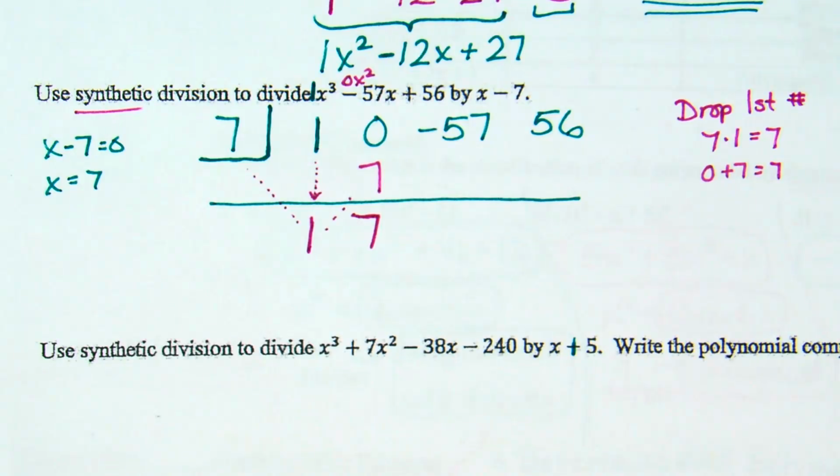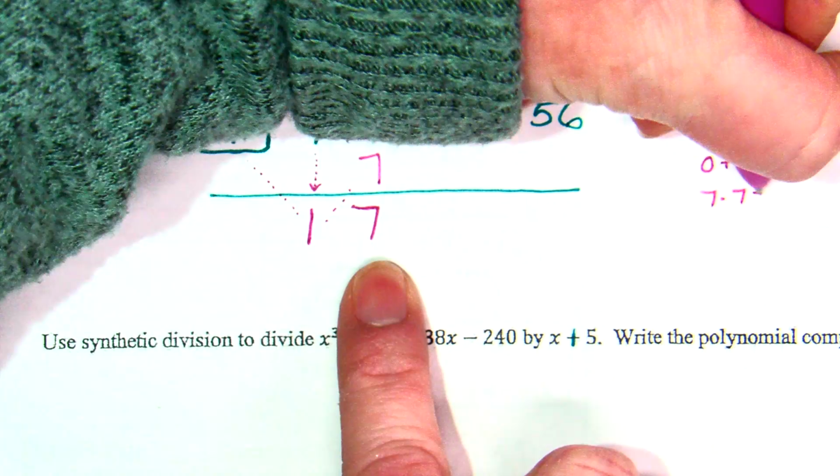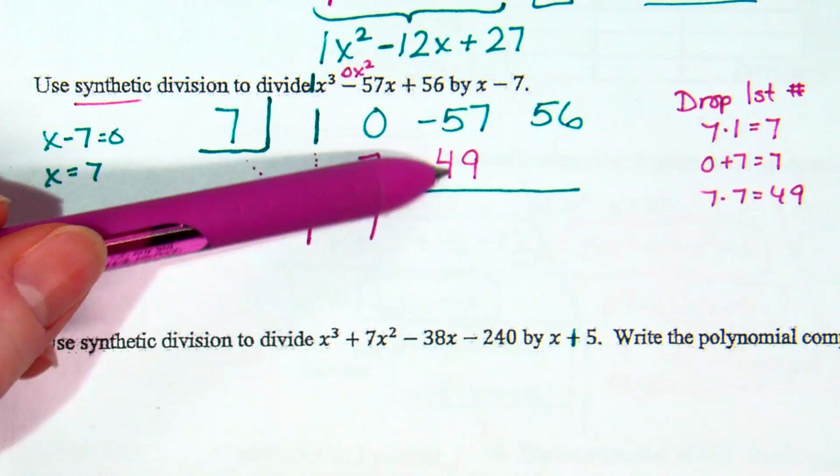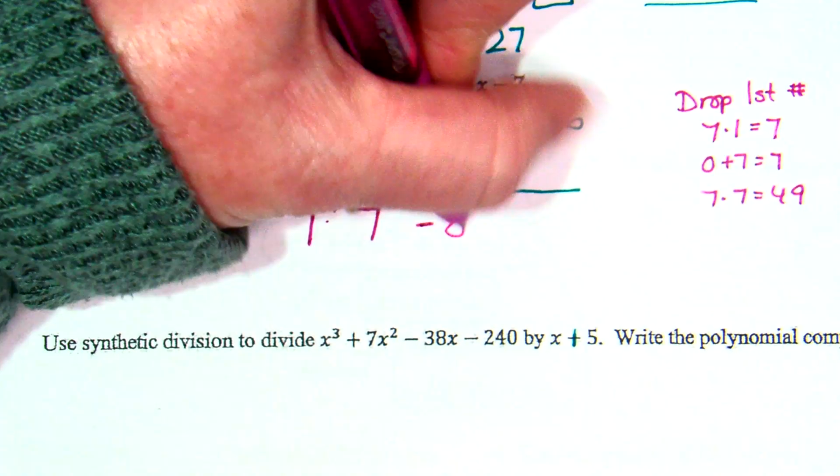So 7 times 7 is 49. And that 49 goes up above the bar, below negative 57. Now I'm going to add negative 57 plus 49, negative 8.